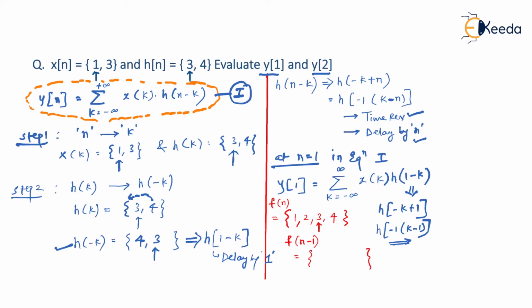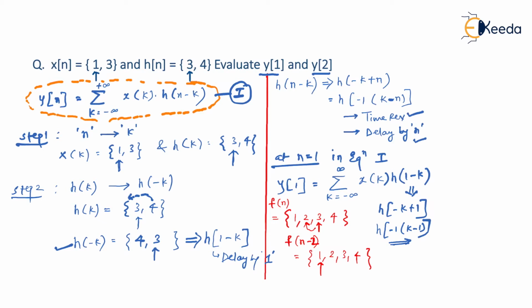Whenever you want to delay the sequence by 1, just shift your arrow towards the left by 1 position. So the 1 2 3 4 sequence remains the same, only the arrow gets shifted here. Very simple. And let's say if I want to make it f of n minus 2, then the arrow will get shifted here. So I'll remove the arrow from here, and now it has become f of n minus 2.